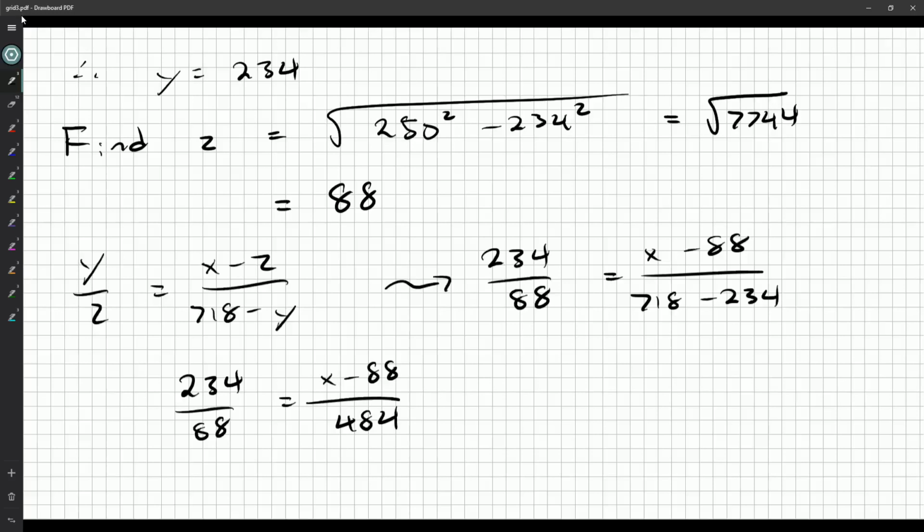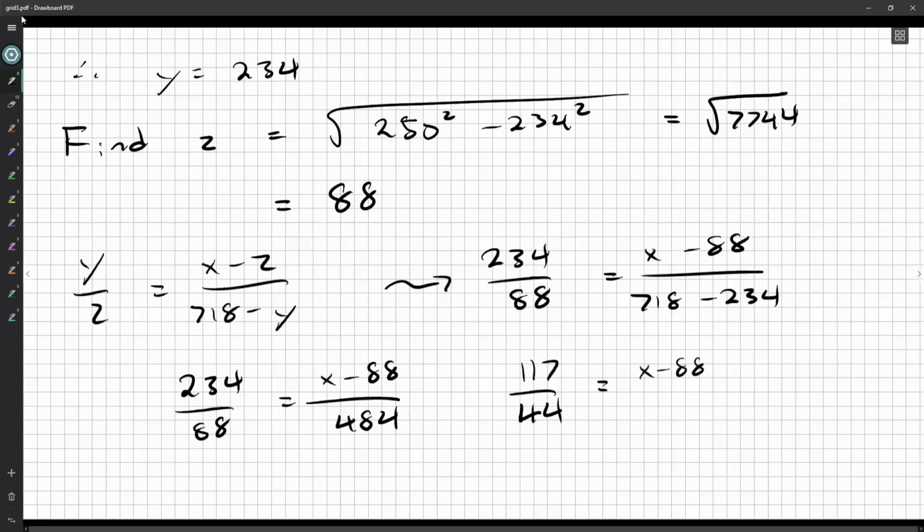No, not by 8, but by 2 at least. So 117 over 44 is at least a little cleaner. But yeah, I'm still going to have to multiply that by 484. So 56,628 is equal to 44x minus 44 times 88.